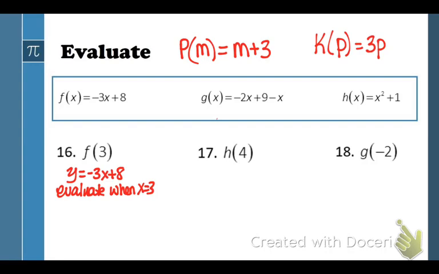Right? You did this problem on your warm-up. Something very similar to this. And so what did you do? We just plugged 3 in every time I saw an x. Okay?